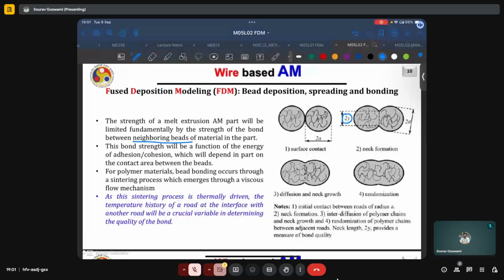Then there is an interdiffusion of polymeric chains and growth of the neck. And then finally, there is randomization of polymer chains between the adjacent roads. The neck length 2y gives a measure of the bond quality, and if it is equal to 2a, then we can see that this surface will become flat.